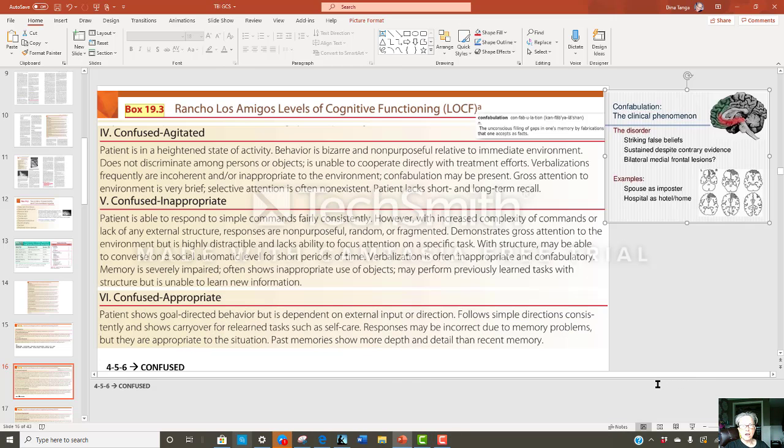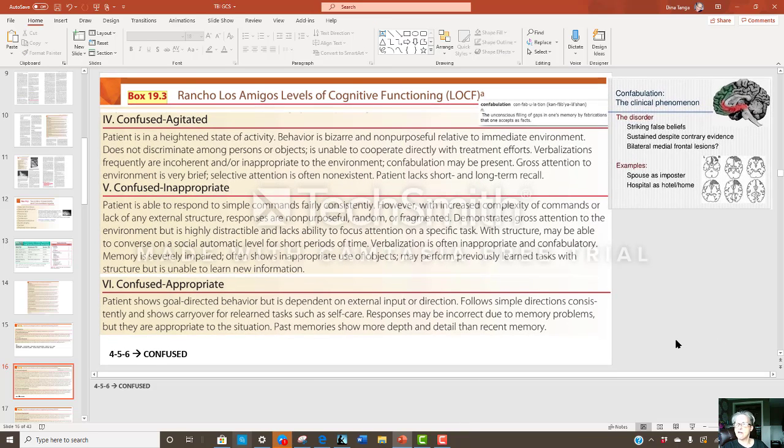Okay, I'm back. Confabulation: the unconscious filling of gaps in one's memory by fabrications that one accepts as facts. Look how it shows the part of the brain. That's interesting. The disorder is striking: false beliefs sustained despite contrary evidence.